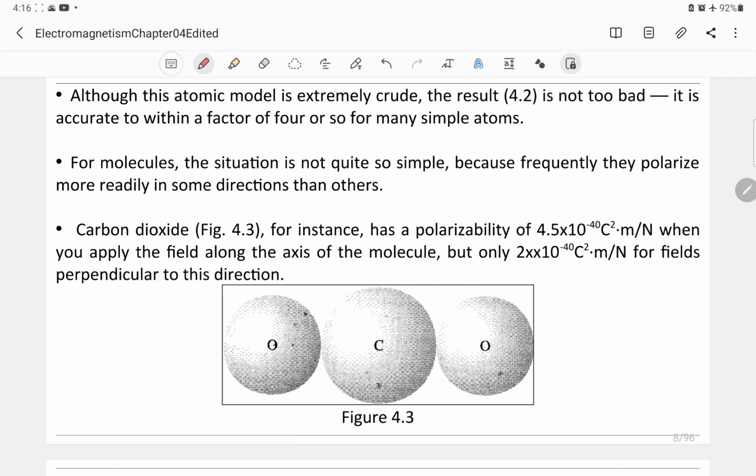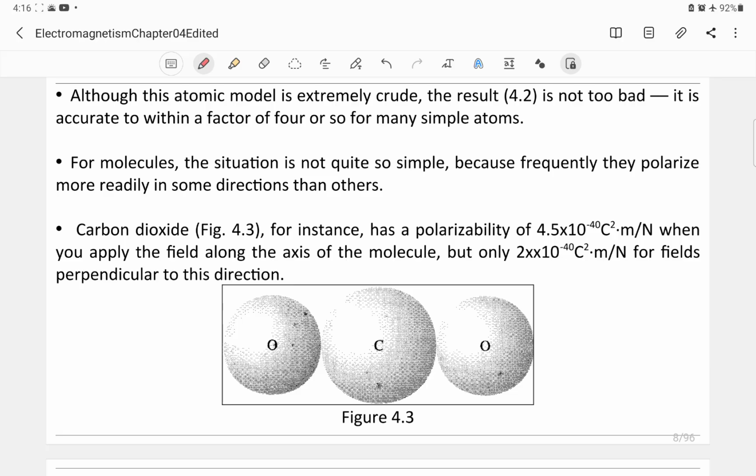Simple atoms behave differently from molecules because molecules have their own geometry, and so they polarize. Say for example, we have a molecule. It's a little complex compared to the simple atom, which is just one sphere, and for molecules you have so many spheres.